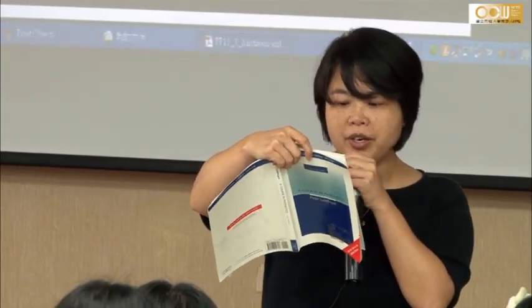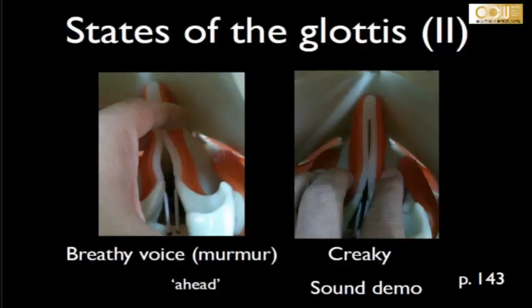For the murmur, it's the opening close to your arytenoid cartilage. It's kind of open. This is me trying to mimic what's on the picture. And then for creaky voice, this part is not vibrating, but that part is. That's how you get the creakiness. Okay? So that's the 4 phonation types we're introducing.